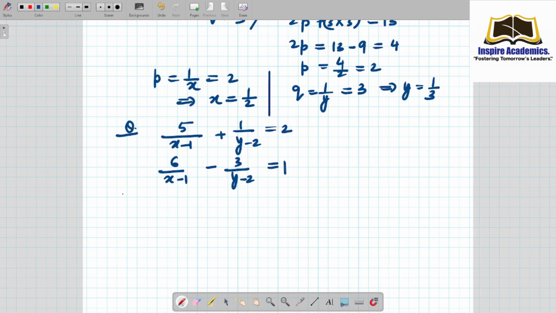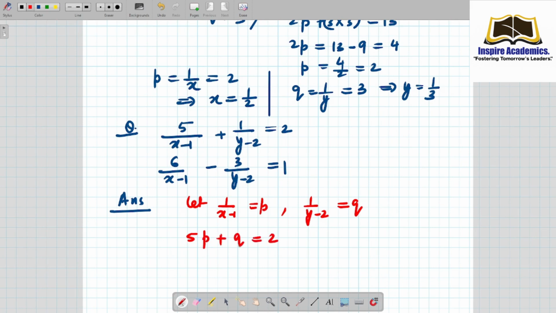To solve such problems, once again let us take 1 upon x minus 1 as p and 1 upon y minus 2 as q. So what will we get? 5p plus q is 2, and 6p minus 3q is 1. So this is equation 1, this is equation 2.